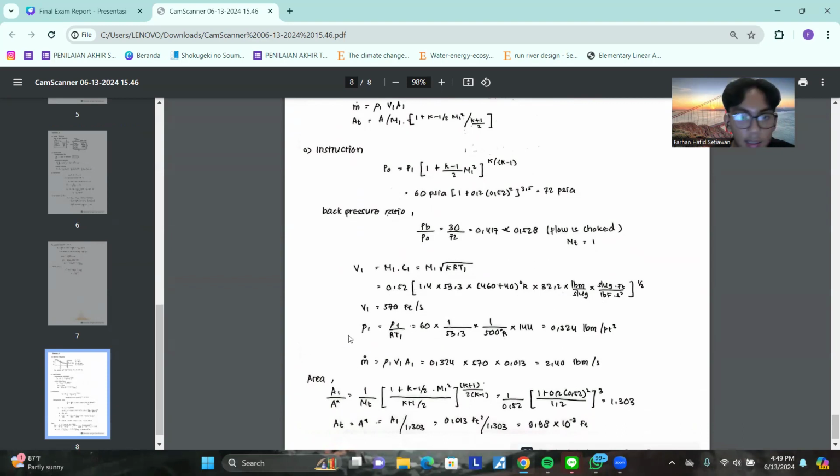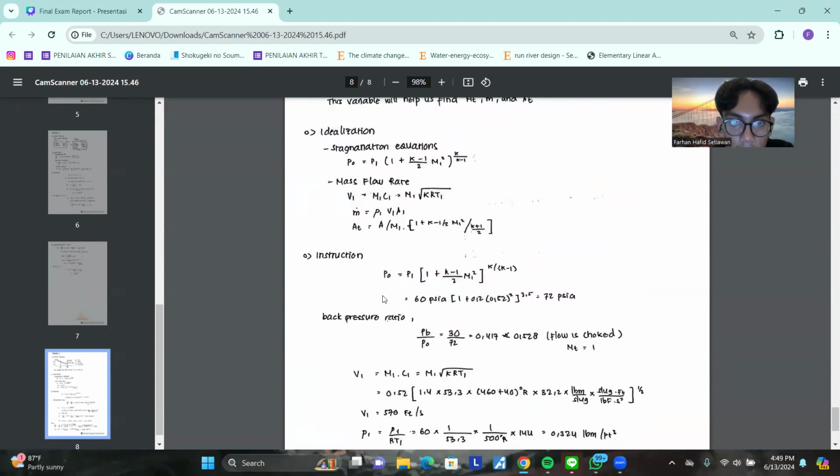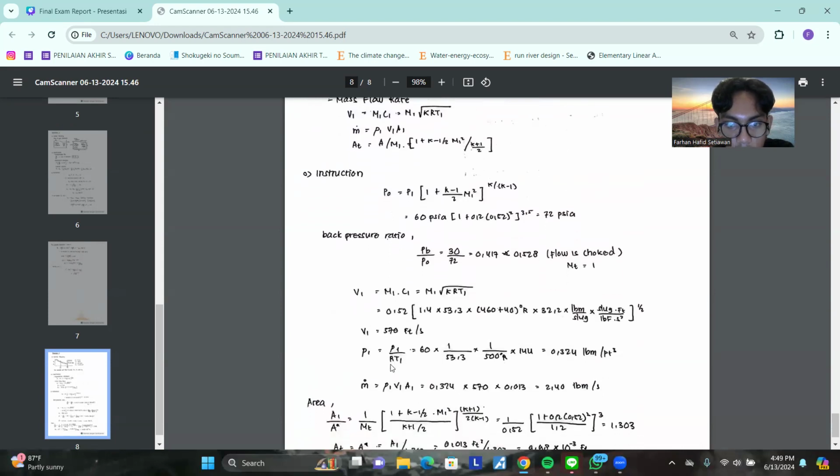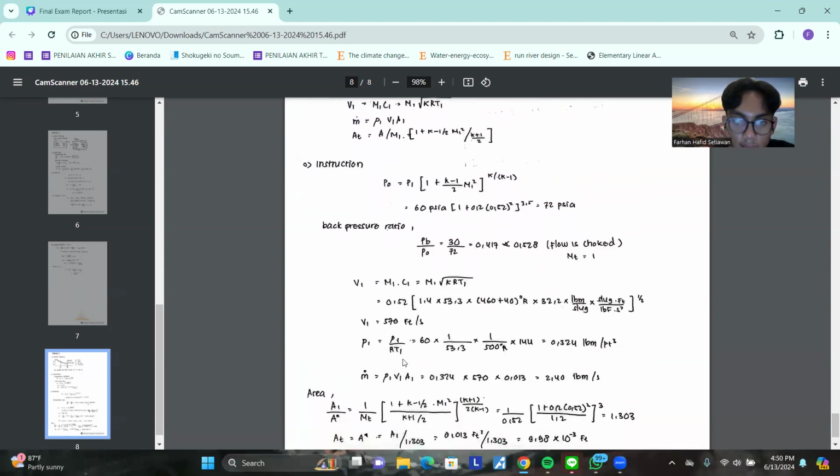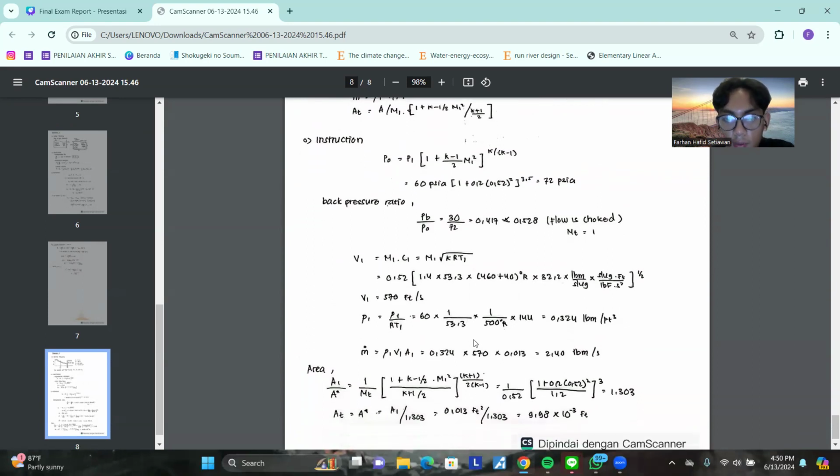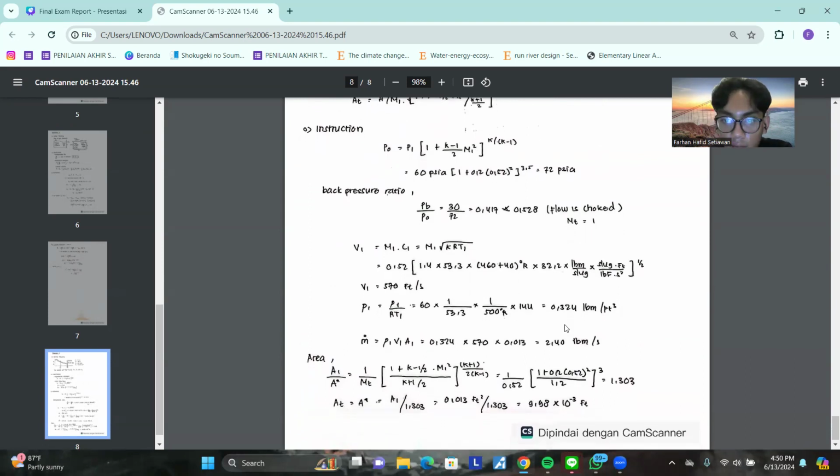So for rho 1, we can get it from the equation rho 1 equals P1 per R times T1. So we get 60 times 144 per 53.3 times 500 Rankine. We conclude that rho 1 is 0.324 lbm per cubic foot.